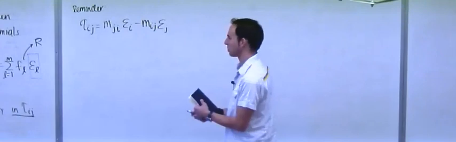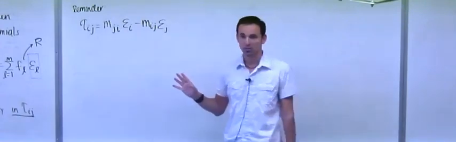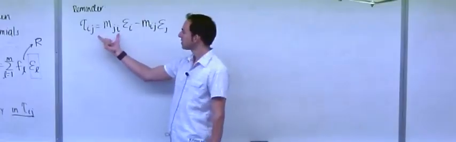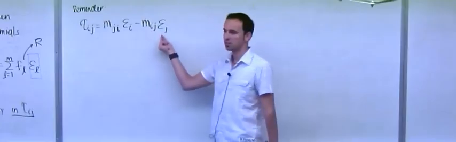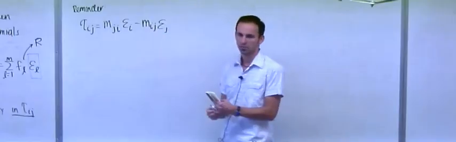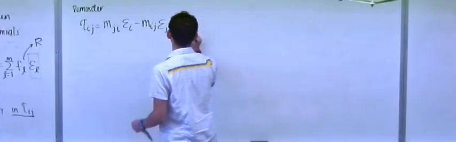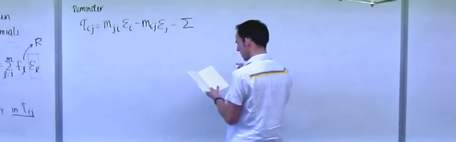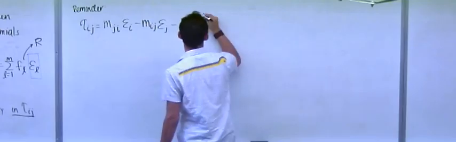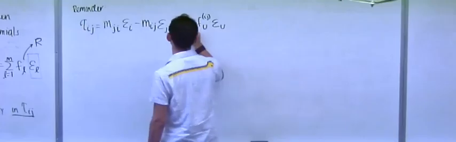So remember, what we're thinking is that we're doing Buchberger's idea, which is to take m_ji g_i minus m_ij g_j, and because that's a Gröbner basis, I can write it as a summation of the other g's. Okay? And I do that, and I get some big summation that looks like this, and I use the notation f_uij epsilon_u for u equals 1 to n.